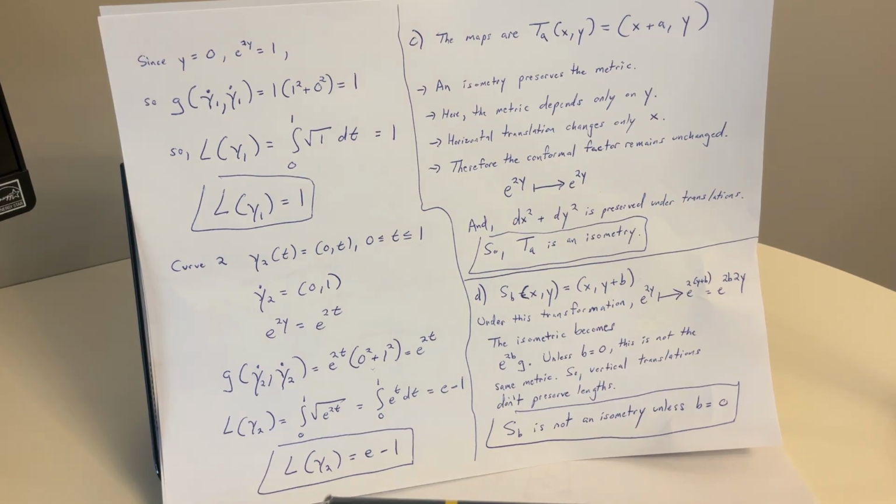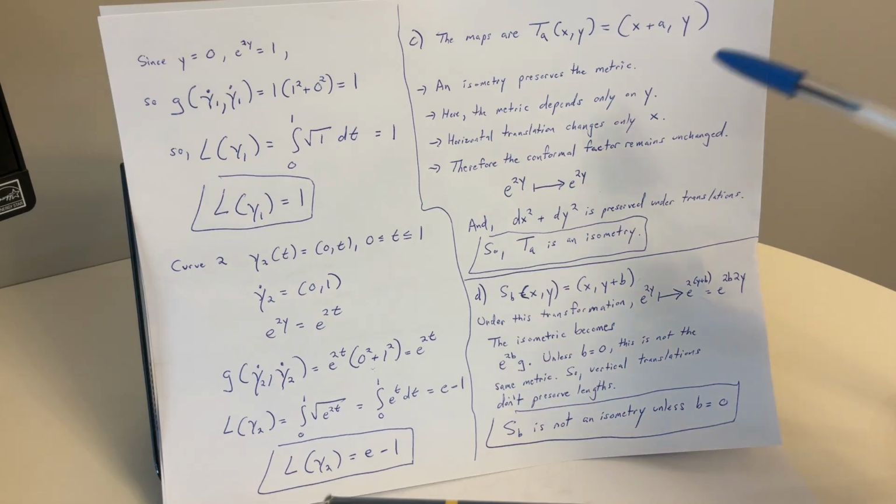Now for part C, the maps for this are T sub a of (x, y) equals (x plus a, y). Think about why that would be. An isometry preserves the metric, and here the metric depends only on y.